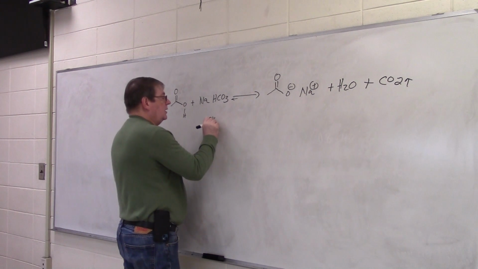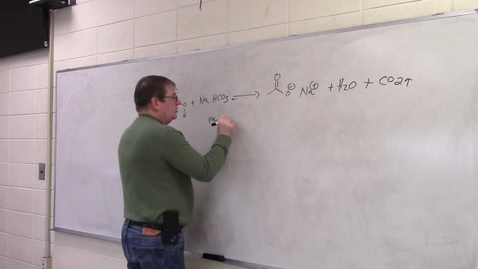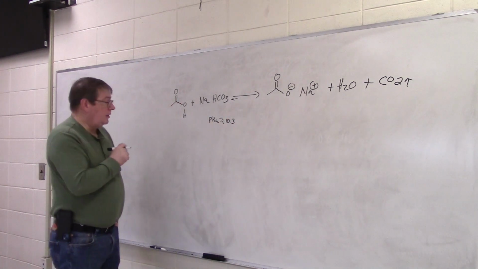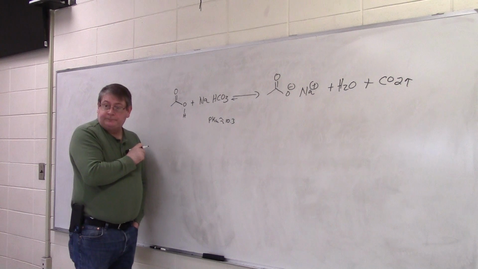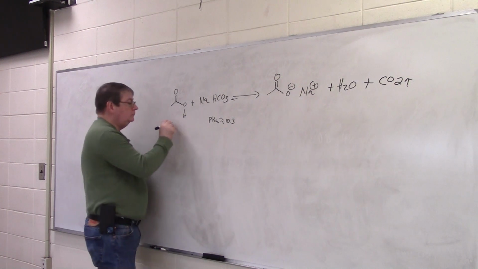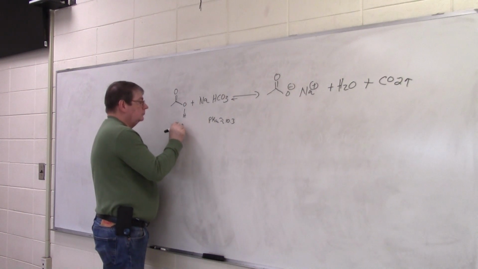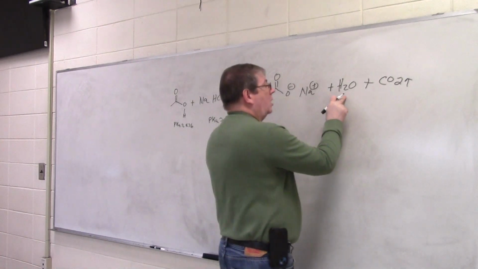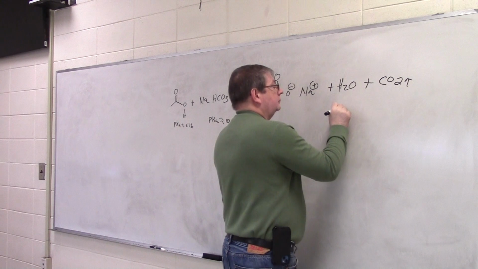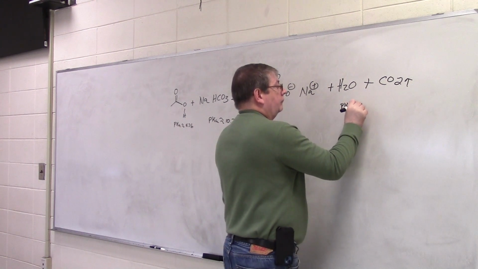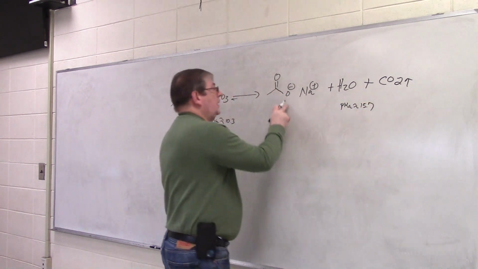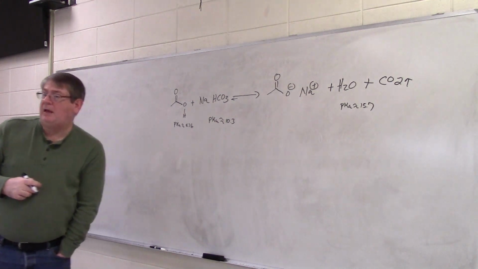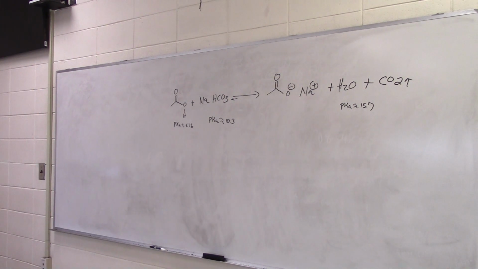So the pKa of this, let's just call it 10.3. The pKa of acetic acid? 4.76. What's the pKa of water? 15.7. And do they give the pKa of sodium acetate? No, sir. Okay, so they don't.